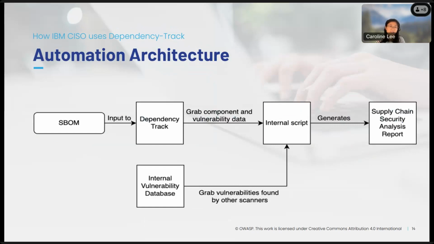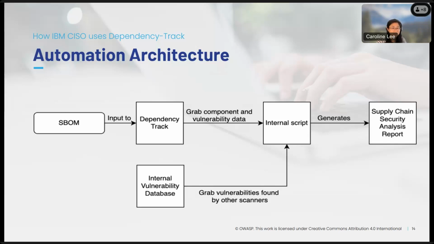Okay, great. So the automation that we built. So far, this is what it looks like. It has grown over time, and it probably will grow more. We have a lot of ideas on what we'd like to see this script that we're using internally on our teams. So the analysts grab this SBOM, and they upload it to Dependency-Track.